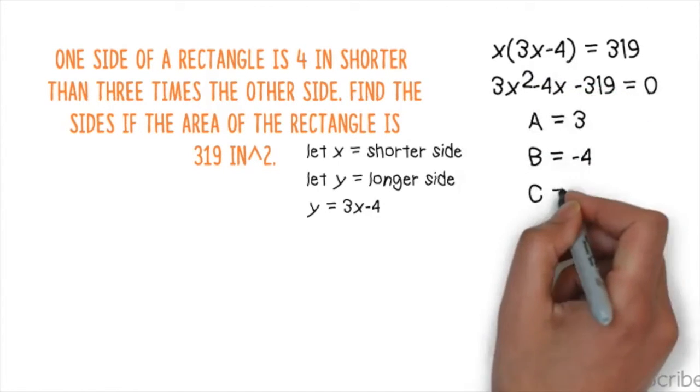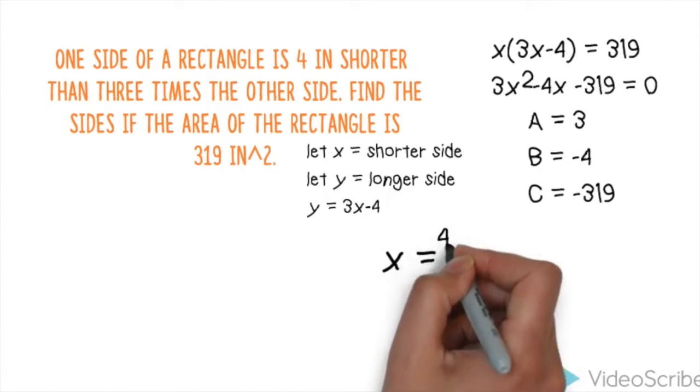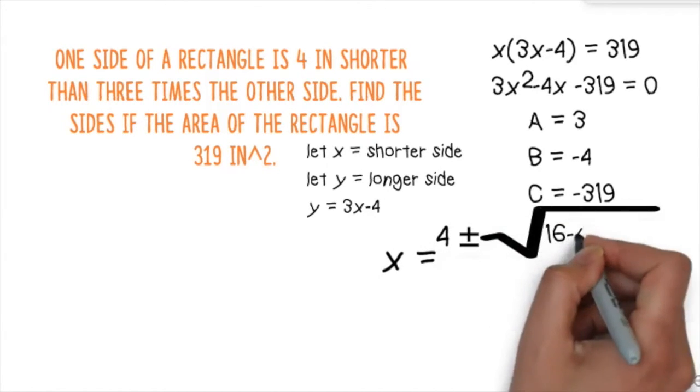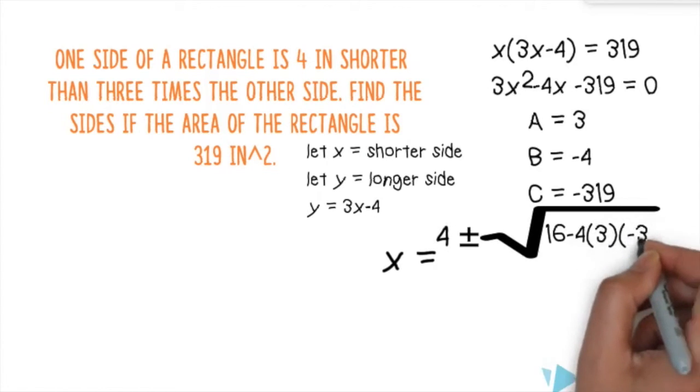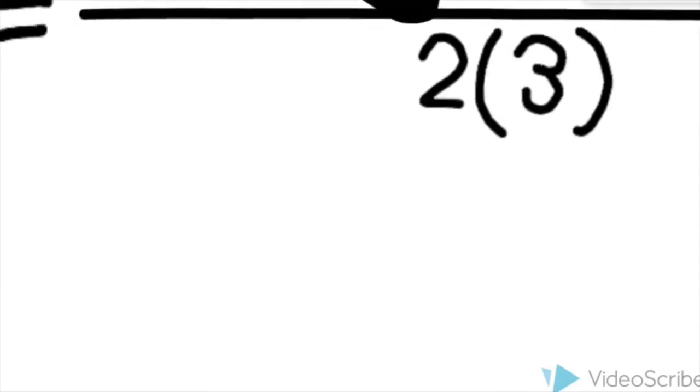When we multiplied it, we got this quadratic equation, and we know the coefficients, so now we can put them in the quadratic formula. The negative of negative 4 plus minus the square root of 16 minus 4 times 3 times 319, all over 2 times 3.